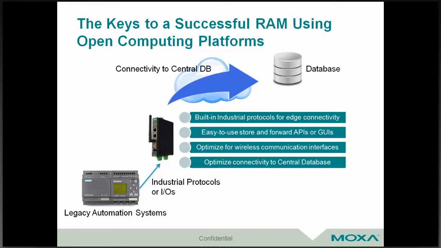So optimal computer platforms for remote asset management, especially for the automation application like water and wastewater and oil and gas, the first criteria will be having the computer able to talk industrial protocols, right?